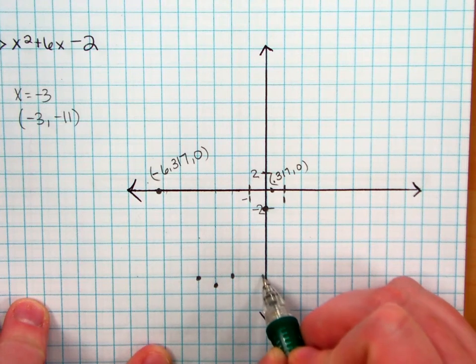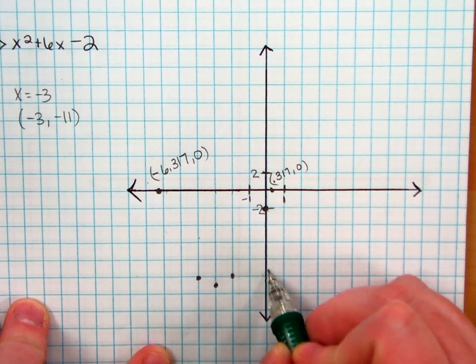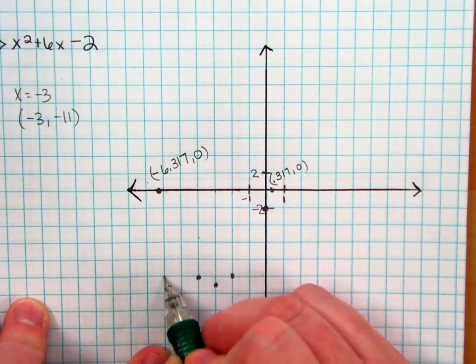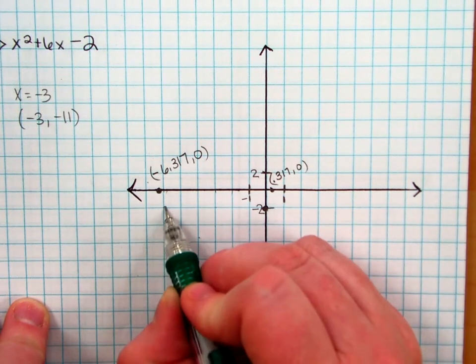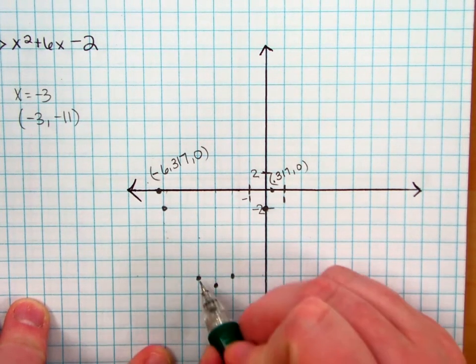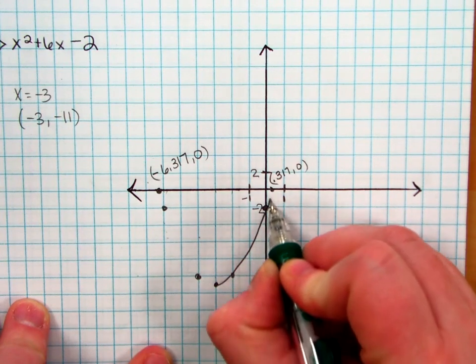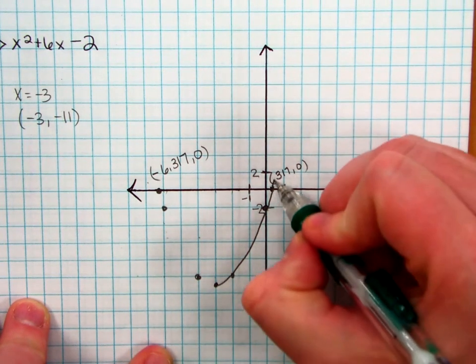And if I go over 2 and go up 1, 2, 3, 4, I can go over 2, up 1, 2, 3, 4, and now I can see my graph as best as I can. Get a curve going. Now I know this is dashed.